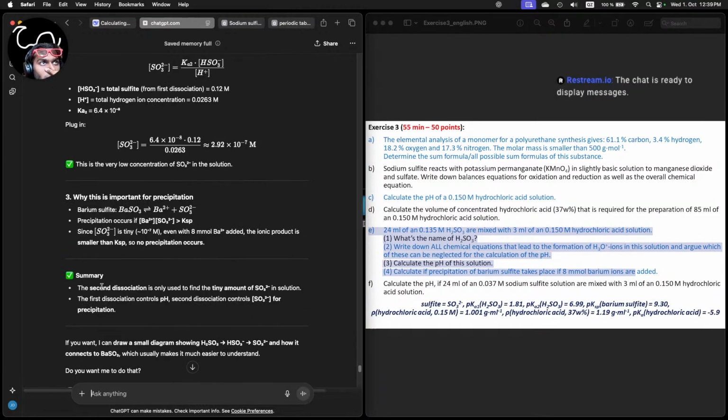Okay, then you take the product and compare it with the Ksp.